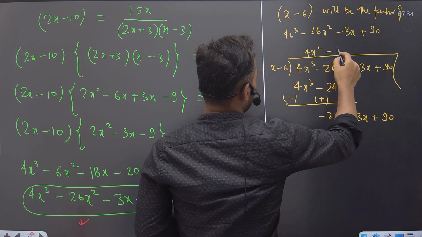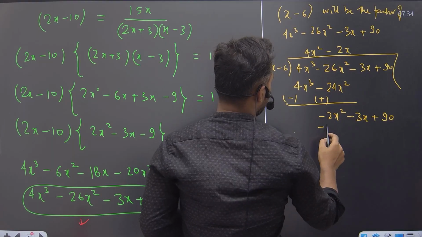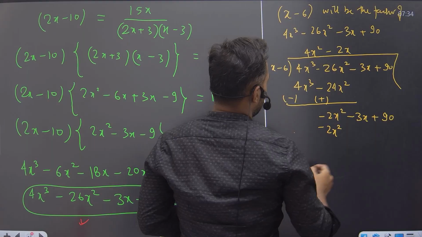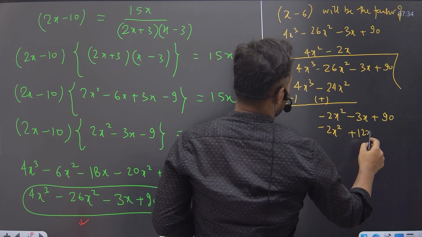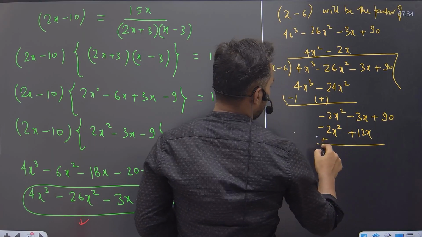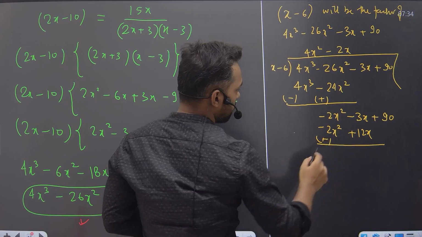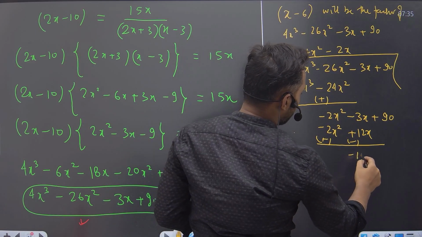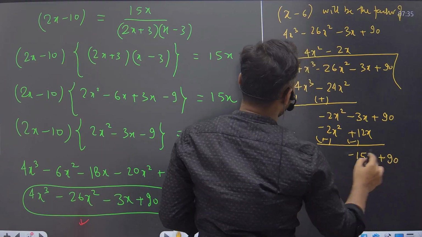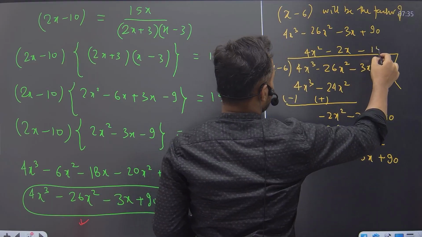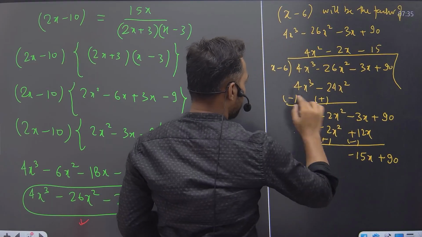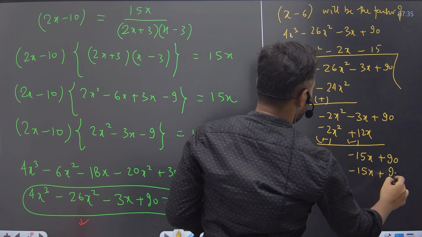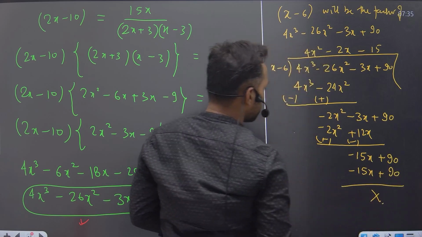Now negative 2x times x gives negative 2x square plus 12x. Again both parts will be cancelled, the coefficient of x square. Here you will get minus 15x plus 90. Taking minus 15 times x minus 6, you will get minus 15x plus 90. So we can say that the remainder is 0.